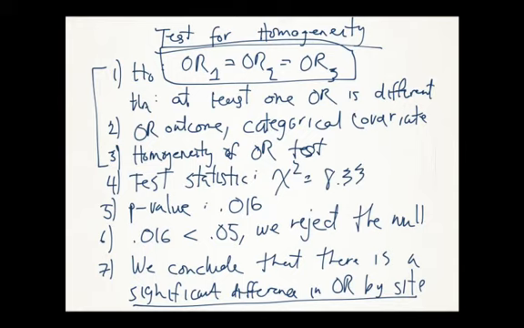For example, perhaps there were more women enrolled at one of the sites and the treatment was less effective in women. That could be one potential explanation. So you could say that maybe site 2 had more women and the treatment was less effective in women, and that's why we saw that difference in site 2. Okay, so that's where you have to go the extra mile and really think about why there was this difference in your data.